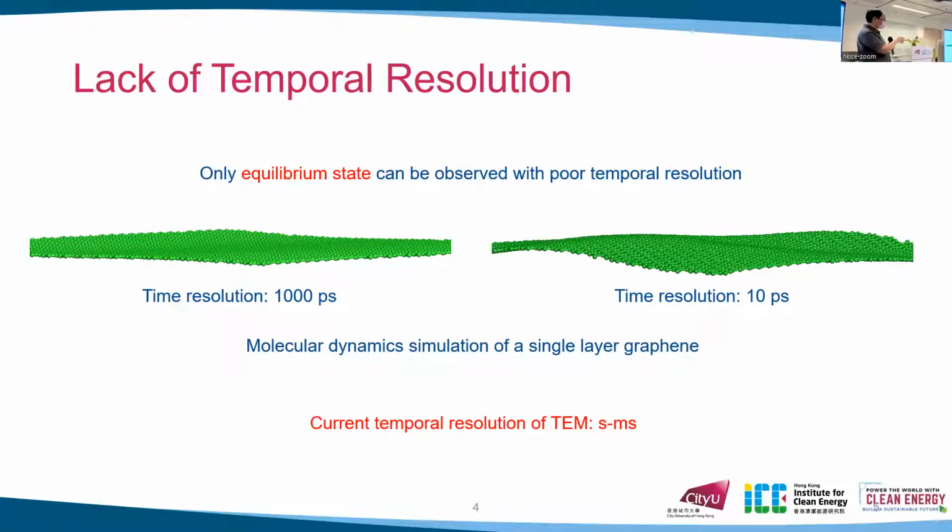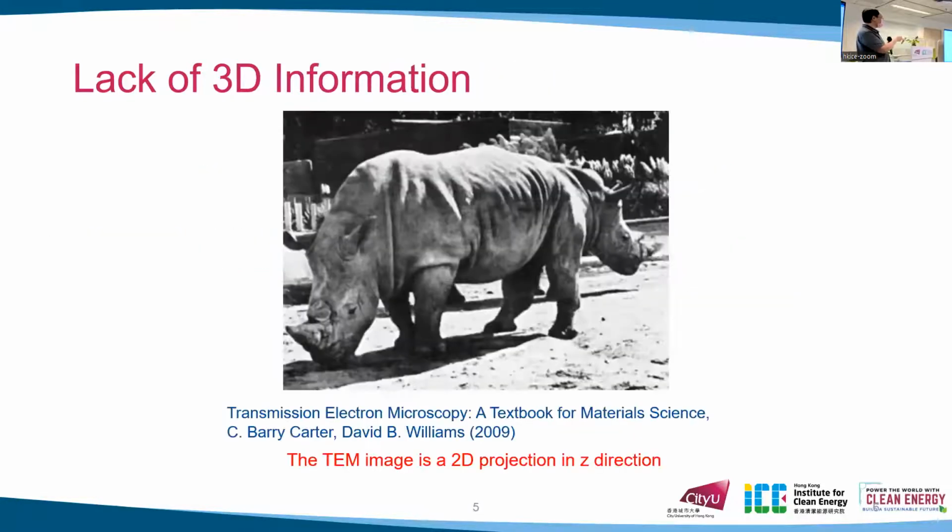Another bottleneck is a lack of 3D information. Here is a photo image adapted from a TEM textbook. When we see this photo, we think it's funny, because we will not think it is a two-headed rhino, since we already know the 3D nature of rhinos.